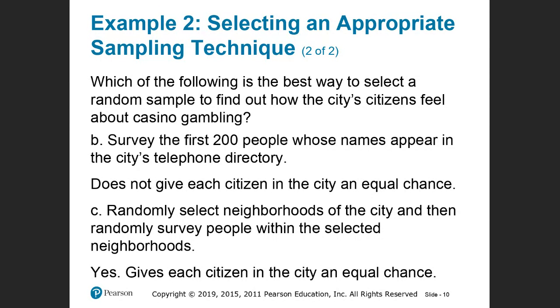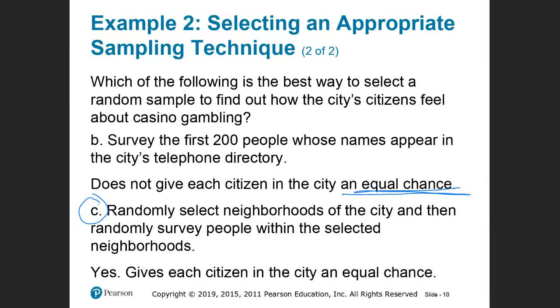It explains here that this does not give each citizen in the city an equal chance, and that's true. So the best thing that we can do is letter C: randomly select neighborhoods of the city, and then randomly survey people within the selected neighborhoods.